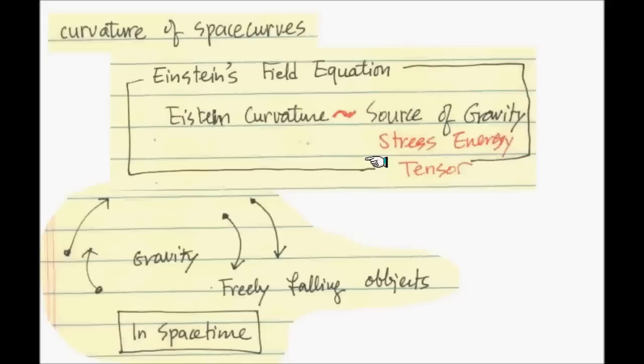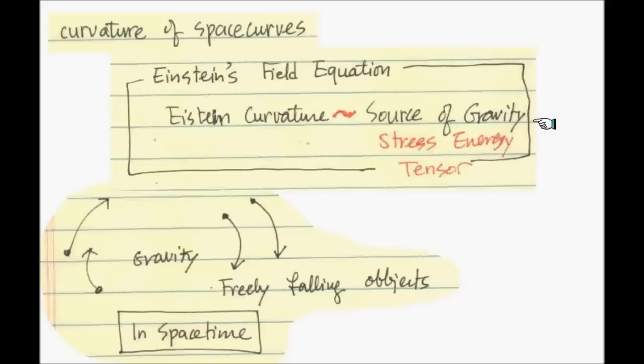So this is known as the famous Einstein's field equation. He thought about the geometry of physics really seriously, and came up with this Einstein curvature, which is directly proportional to the source of gravity, inspired by electromagnetism.